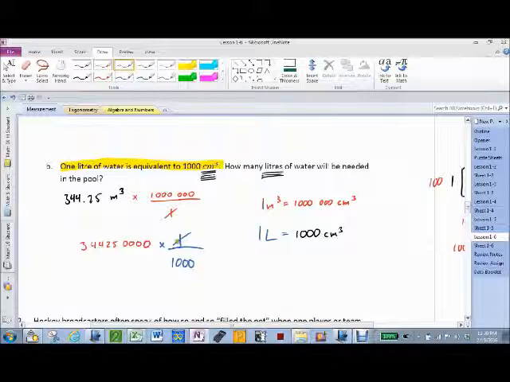The 1 cancels. So what happens to these 3 zeros and 3 of these zeros? They cancel out too. Leaving me with 344,250 liters of water.